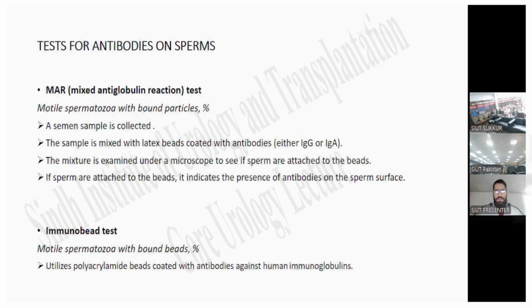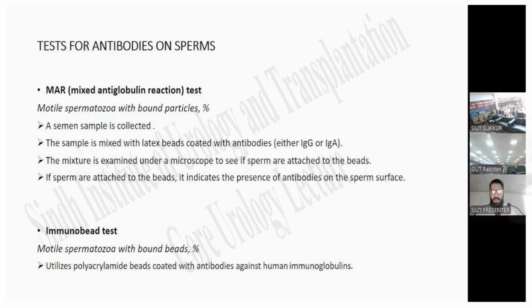To detect anti-sperm antibodies, there are mainly two tests. One is the mixed antiglobulin reaction test, and the other is the immunobead test. The MAR, or mixed antiglobulin reaction test, detects motile spermatozoa with bound particles. To carry out MAR, a semen sample is collected and mixed with latex beads coated with antibodies, either IgG or IgA, and the mixture is examined under a microscope to see if sperm are attached to the beads.